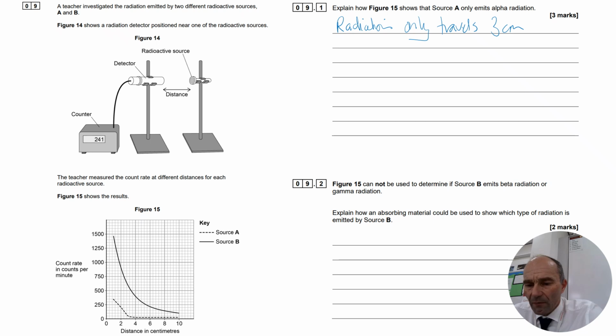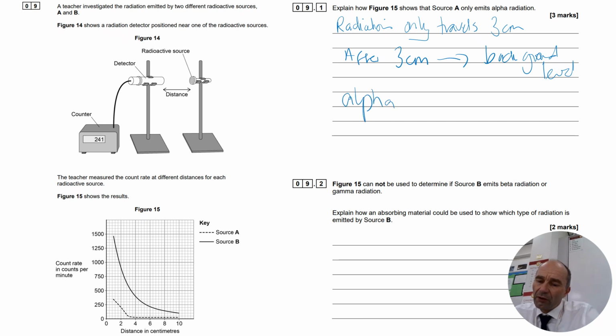After 3 centimeters, you're just back to the background level, back to the background count. So that means there's nothing being detected from that source. And the final bit is to remember that alpha radiation has a very short range in air. And that's actually your 3 marks.